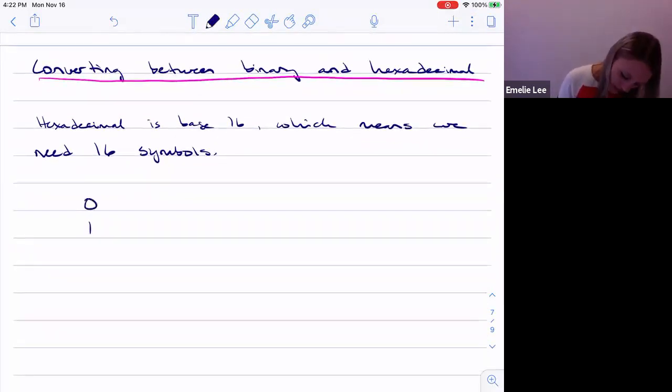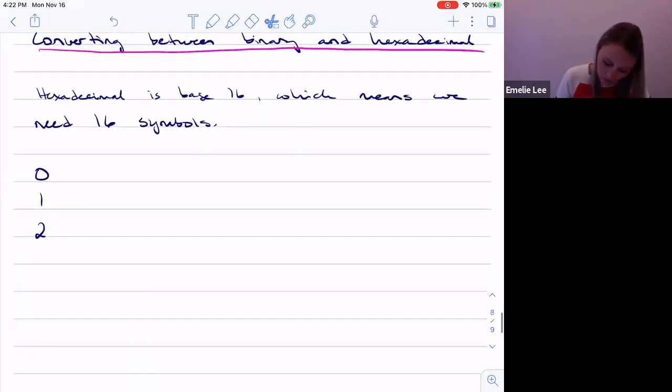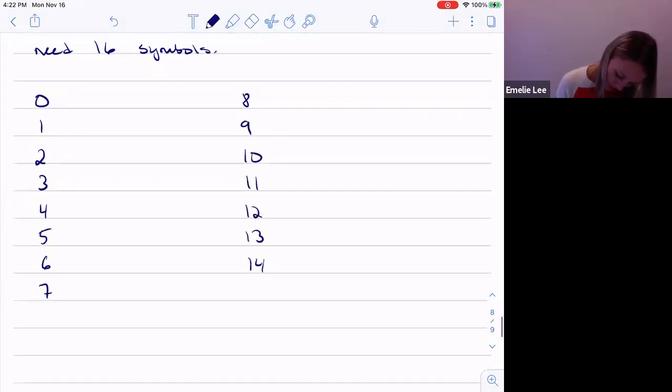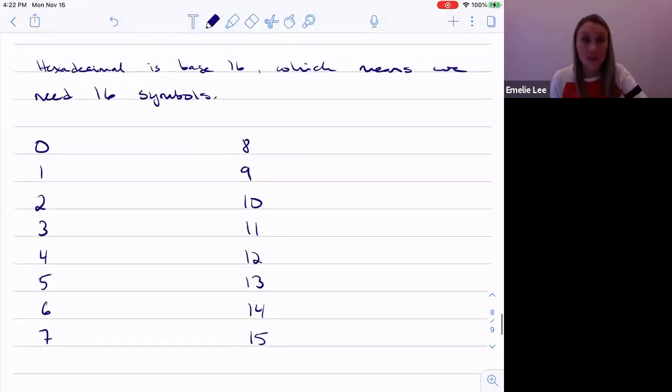So if we have 0, 1, 2, I'm going to move these over a bit because I'm going to make 2 columns so that they stay on the same page. 1, 2, 3, 4, 5, 6, 7, 8, 9, 10, 11, 12, 13, 14, 15. This is in base 10.